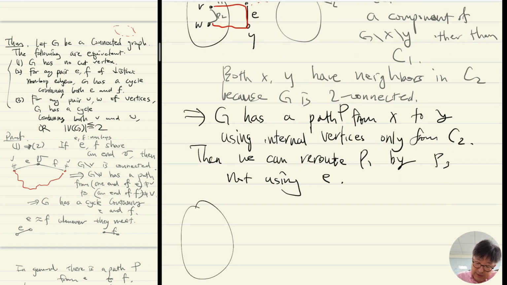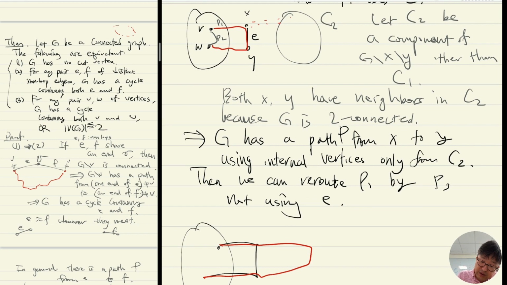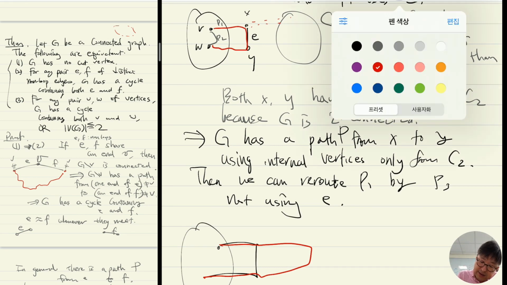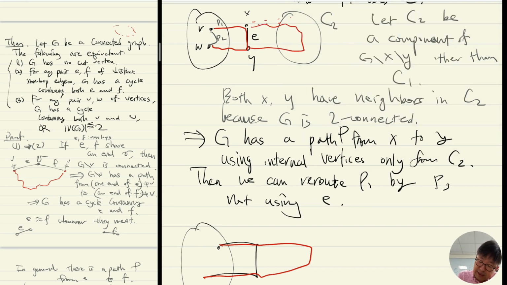Instead of P1, we now have a longer path, and that's P2.